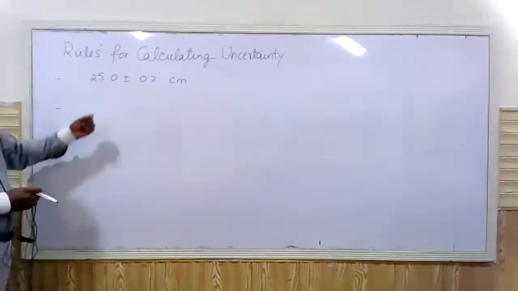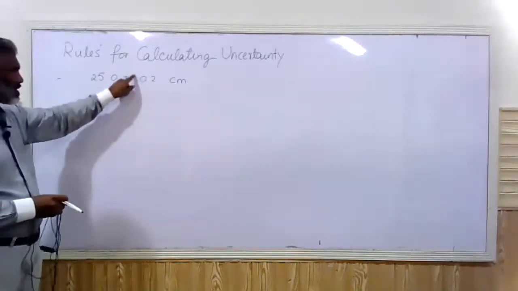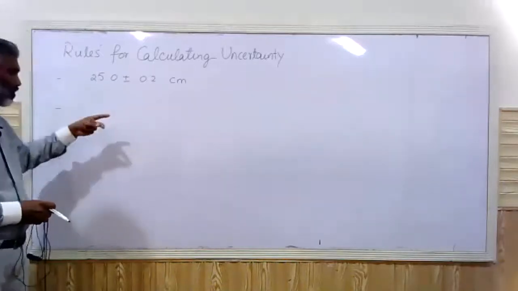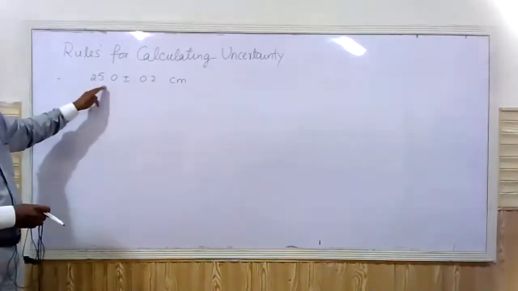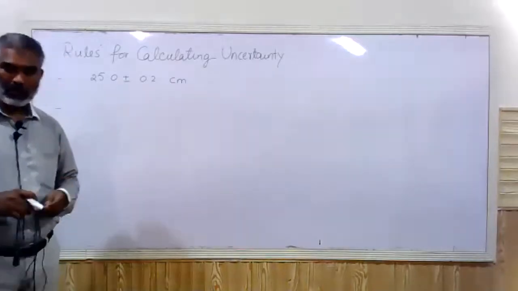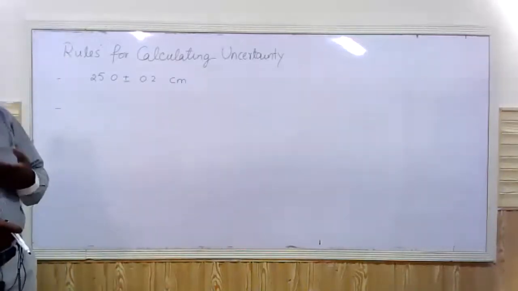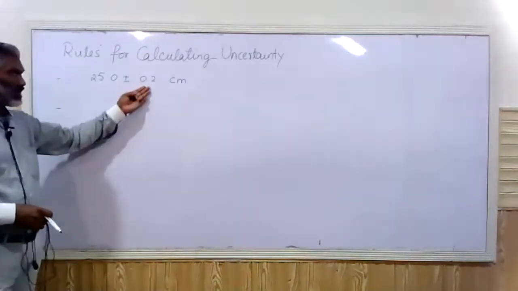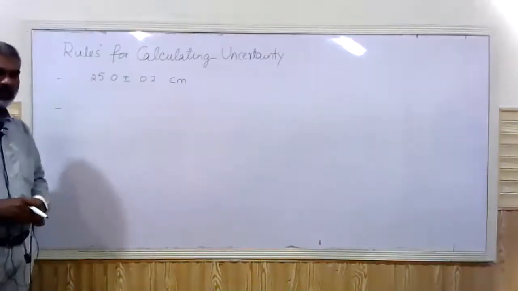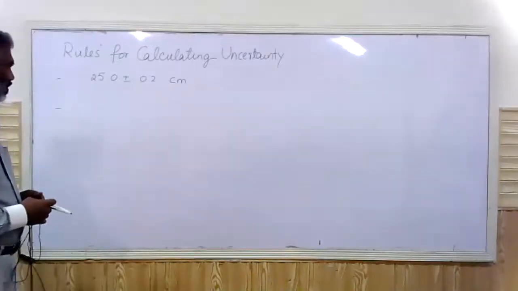That means you are reporting that this is the doubt in the scale that you have used for making this measurement, and typically 0.2 centimeter is the amount of uncertainty or the doubt which is known as the absolute or actual uncertainty in this measurement that we made with the meter rule.